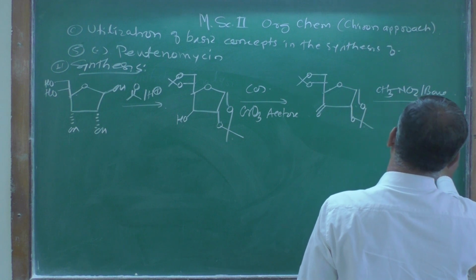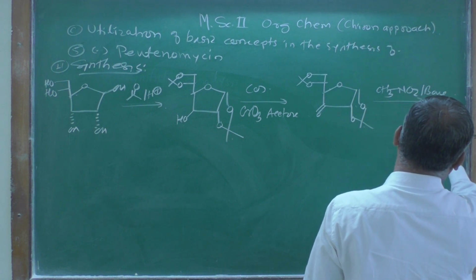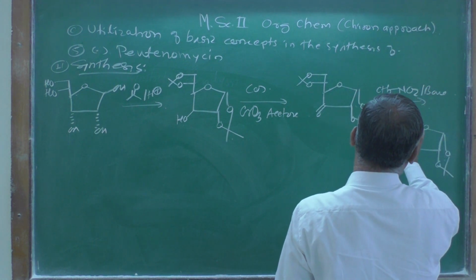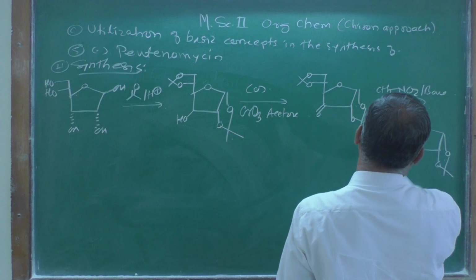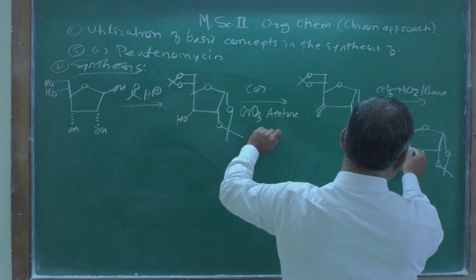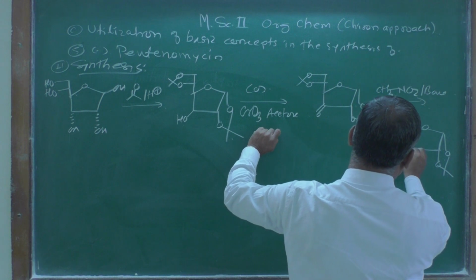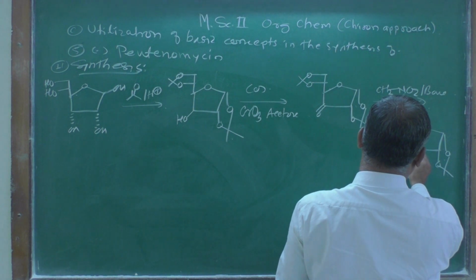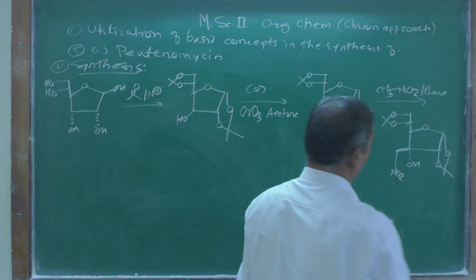Other things remain as they are, so write down the other part of this molecule as it is. Here you are going to get the compound like this, NO2 and this hydroxy group OH, right?